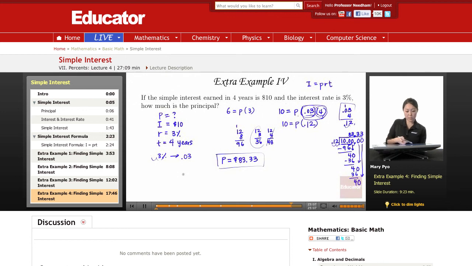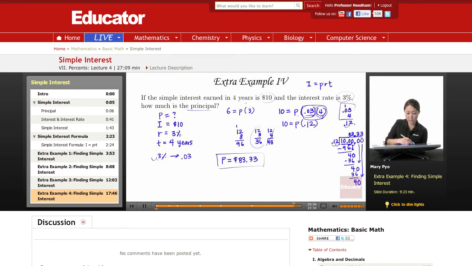So let's go over what I just did. This problem gave me time, gave me the simple interest, so they gave me I. They gave me the interest rate, and they're asking for the principal. So I just listed out what I'm looking for and what was given to me. Then I plug everything into the formula.